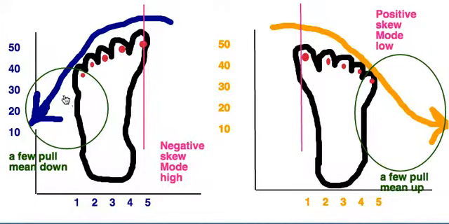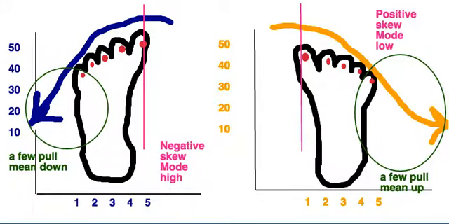It's pulled down by a few people who don't have the same score as the people who are in the mode group. So these little pinky toes represent those few people who pull the average down. And if you forget where the average is going, or where these few people are scoring, look at your x-axis. Most people score high in a negative skew, and a few people score low and pull the average down.